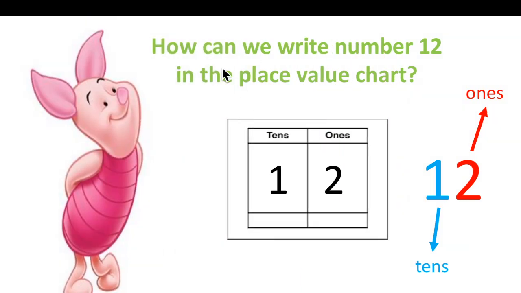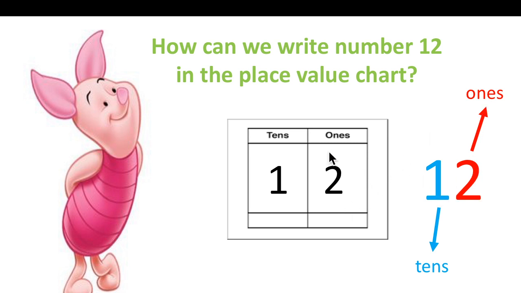How? Just first practice. How can you write the number 12 in the place value chart? See, I told you, you cannot write the number 12 in one box. In each box, you always have to have only one number. So how will we write 12? The number 2 will go into the ones box.